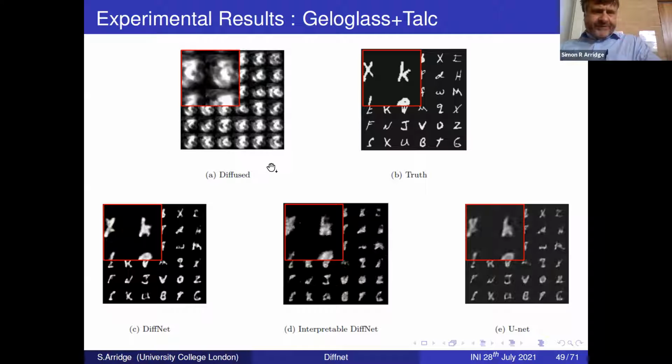This is putting the EMNIST database through, and you can see that we're getting quite noticeable spatially varying diffusion. When we run the inverse process with DiffNet, we're getting qualitatively good recovery.